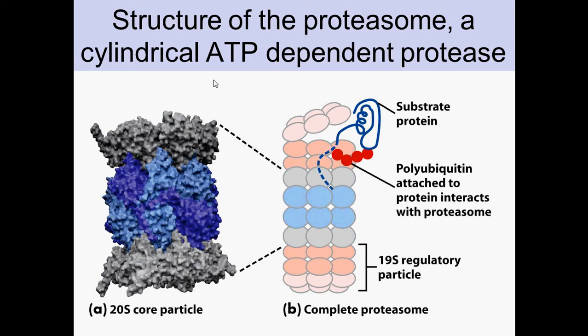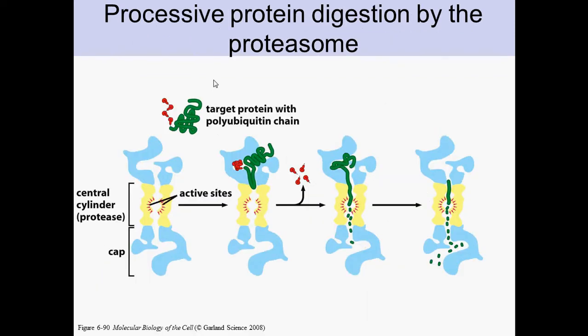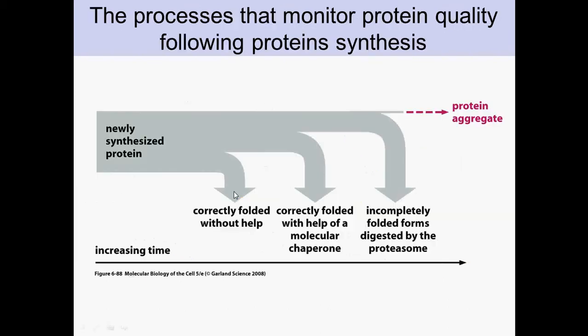It also unfolds the protein down to its primary structure, so that it can rapidly degrade it. And this picture shows the same thing in a different diagram. The protein comes in bearing the polyubiquitin molecules, gets unfolded, then broken down to the amino acid level. Here's the cylindrical protease right here, this yellow thing.